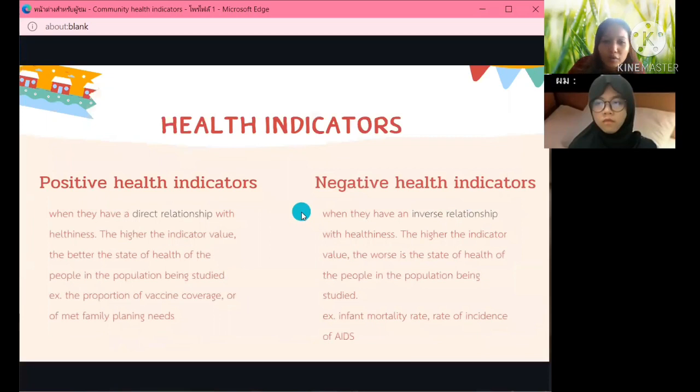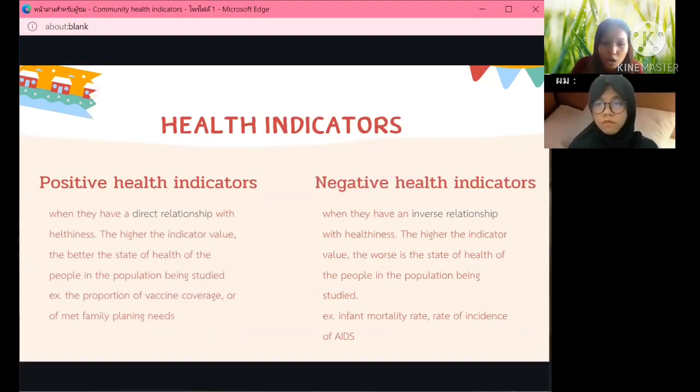The next slide, health indicator. It has two types. The first one, positive health indicator. When they have a direct relationship with healthiness, the higher the indicator value, the better the state of health of the people in the population being studied.